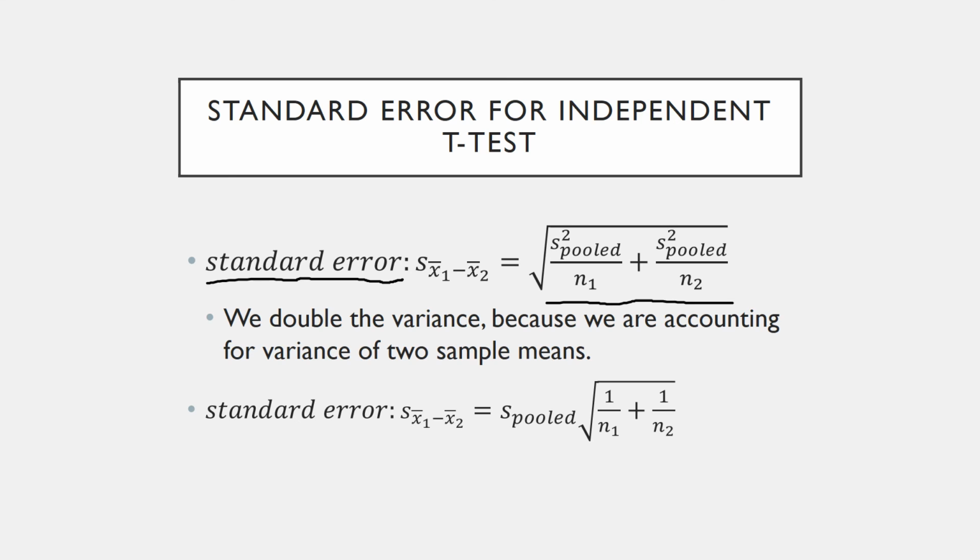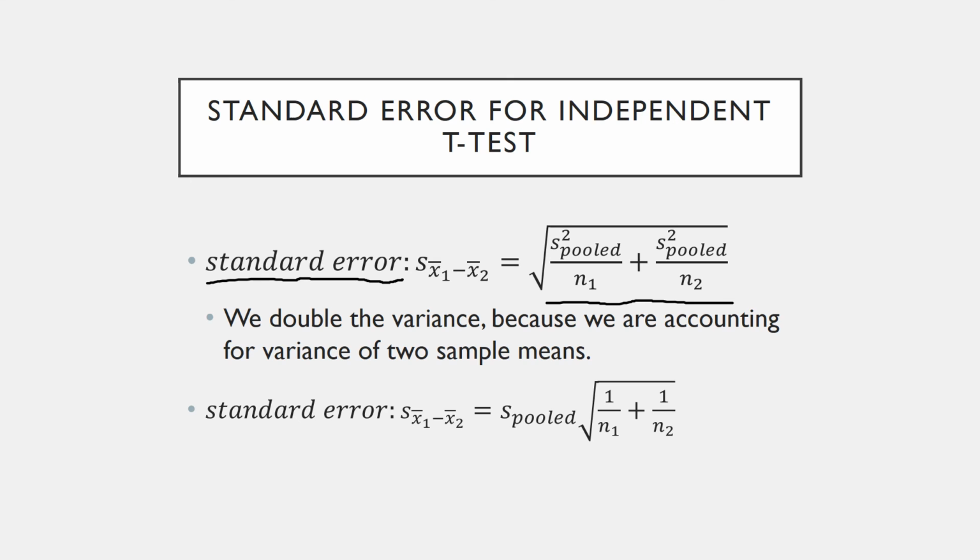And we want to double the variance because we are accounting for the variance of two sample means. They're both going to vary on their own, and then we add them together to get the variance for both. If they're independent samples of each other, then to get the total variance, you add them together.